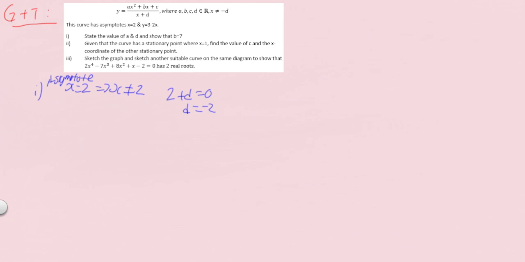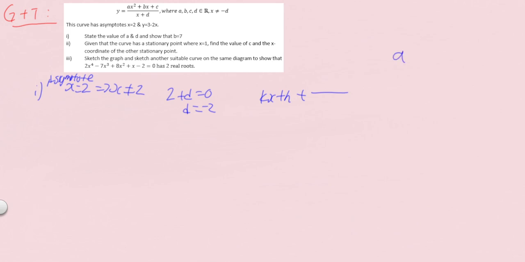Now, what we also have is the oblique asymptote. And you know that oblique asymptotes would be sort of the form kx plus h plus whatever rational function that you have. Now, in order to get the oblique asymptote, you would need to perform long division. And in this case, it's quite obvious that the first number that you get after your long division would be a, right?